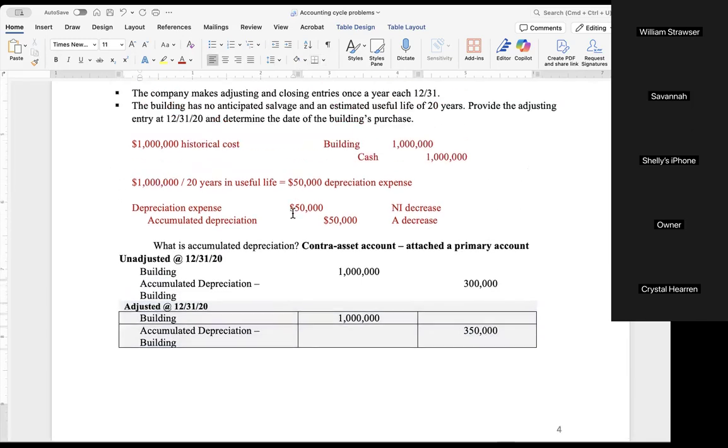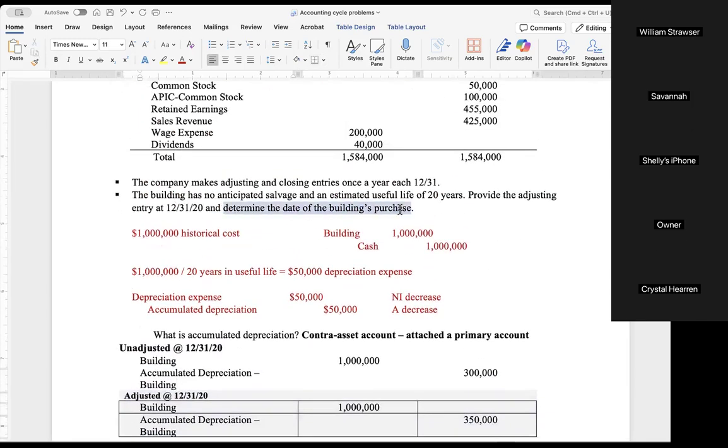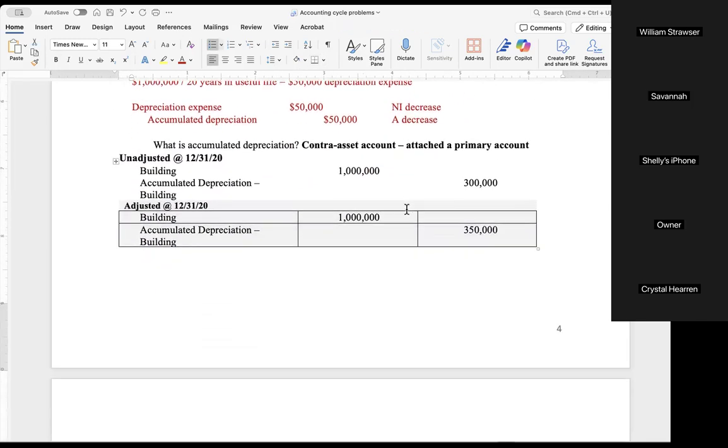When we're talking about when the building was purchased, according to our adjusted balance, can we use the accumulated depreciation here to figure out how many years we've been recording depreciation? Yes.